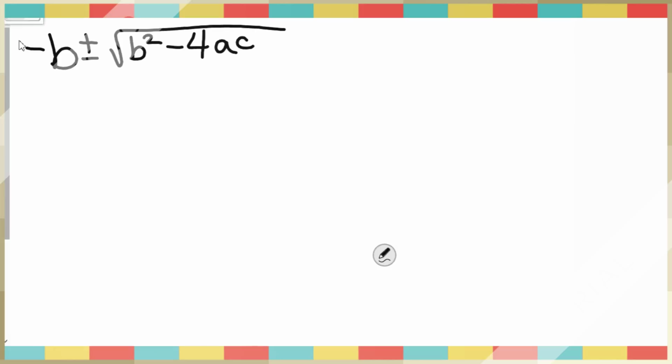Alright kids, so today we are going to continue on our lessons from the previous 2 days and learn how to solve a quadratic equation by using the quadratic formula. The quadratic formula is negative b plus or minus the square root of b squared minus 4ac all over 2a.